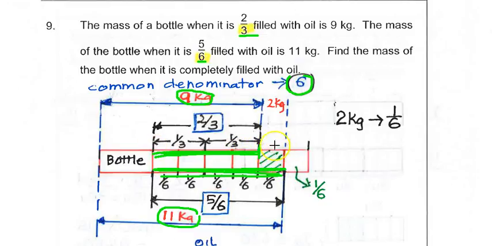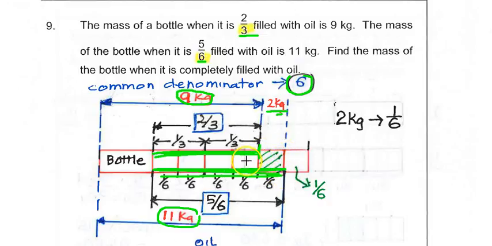This part they say is 2 kg. Can you see? How do you know 2 kg? Take 11 kilograms minus 9 kg gives you 2 kg. So that one unit here is 2 kg.